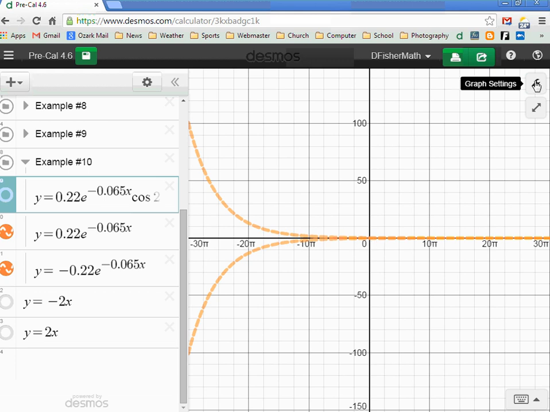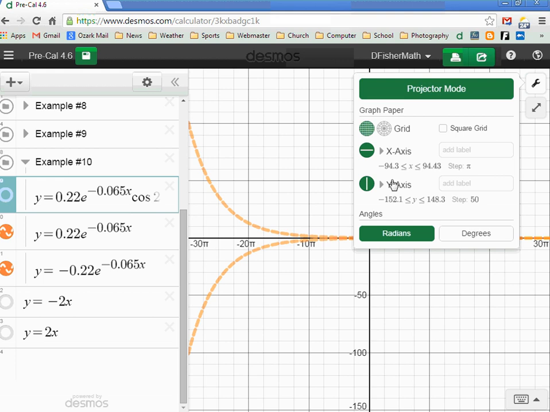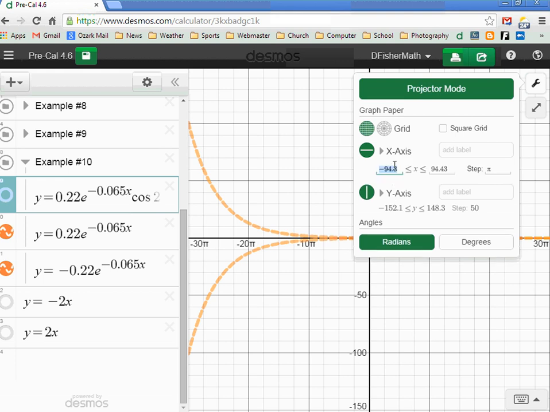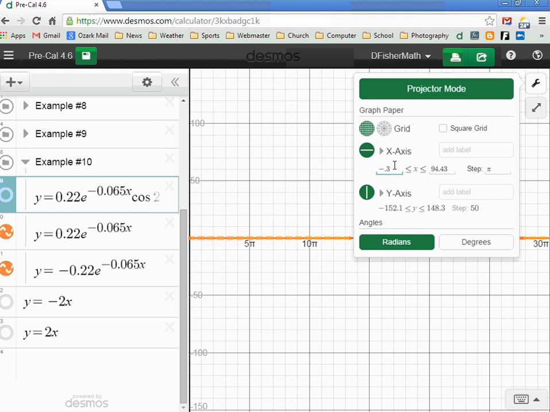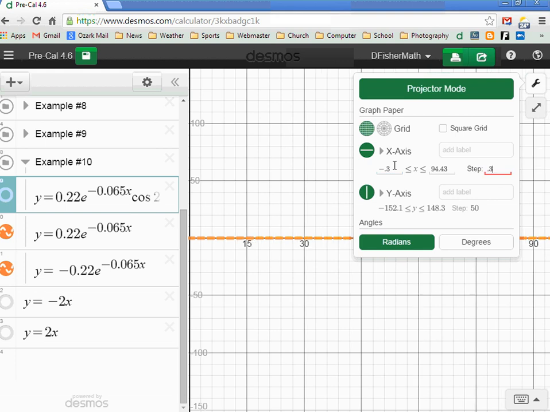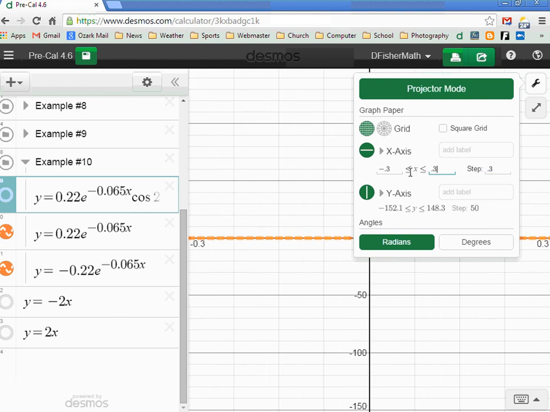I can't even see the thing right over there. So I'm going to change my y to be a whole lot smaller. If you remember that question, it was between negative 0.1 and positive 0.1. Well, I'm going to go to negative 0.3 and positive 0.3.